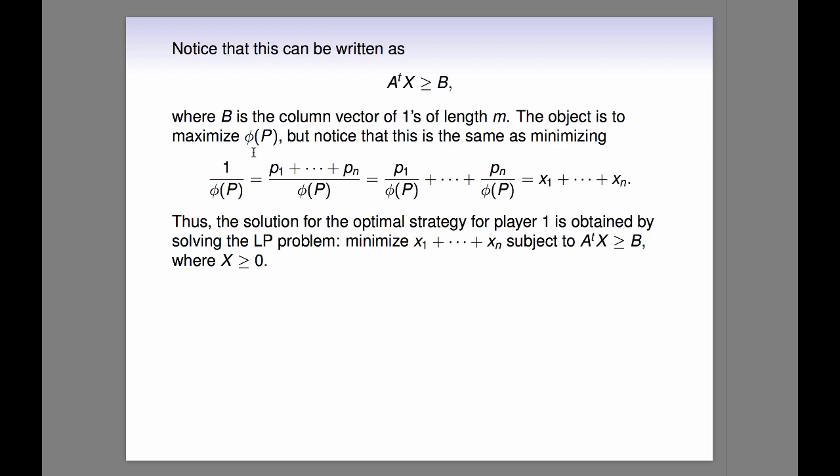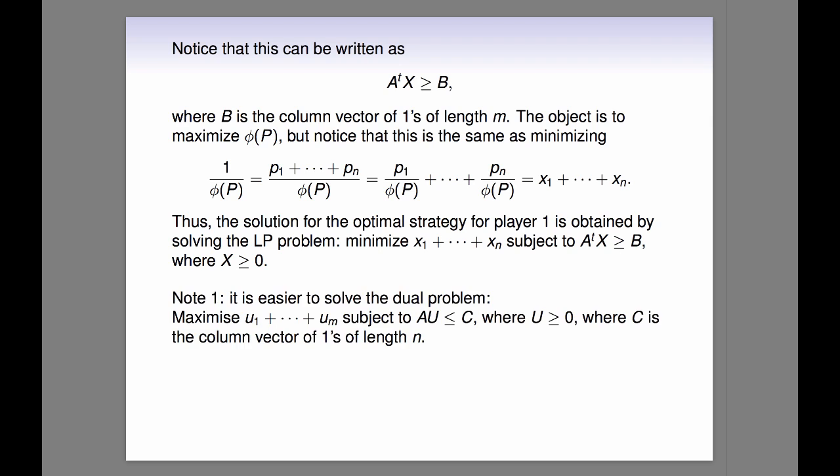So maximizing phi p is the same as minimizing 1 on phi p. So what we want to do is minimize the sum of the x's. So this is our linear programming problem. Minimize the sum of the x's subject to the inequalities that we have.